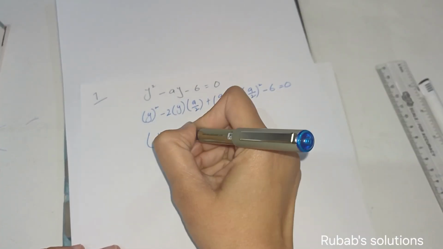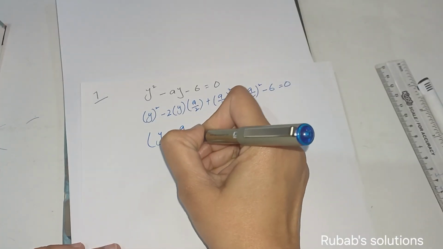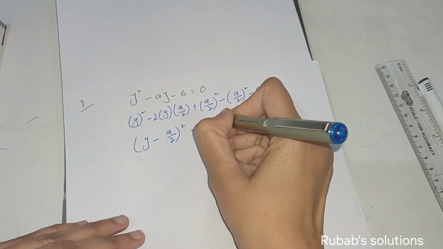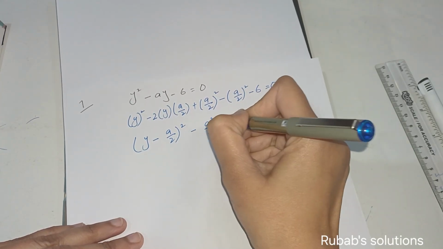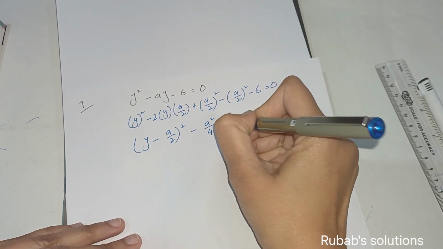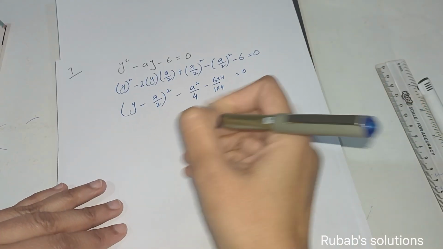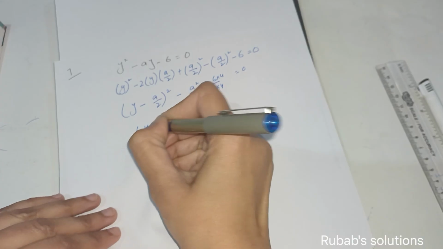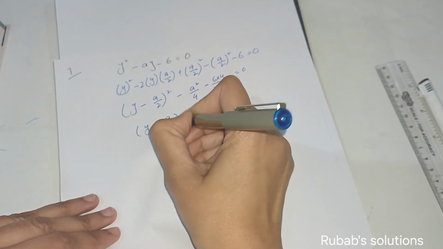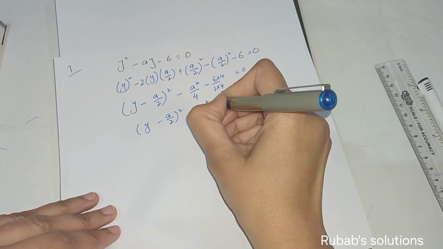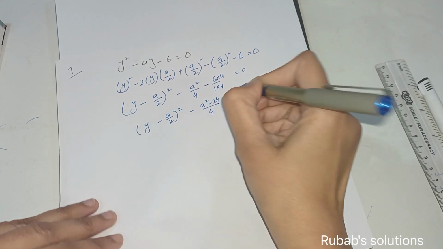From here it is (y minus a by 2) whole squared, and from here it becomes a squared by 4 minus 6. For 6 divided by 1, I have to take the LCM. So it becomes (y minus a by 2) whole squared minus (a squared minus 24) over 4, equal to 0.